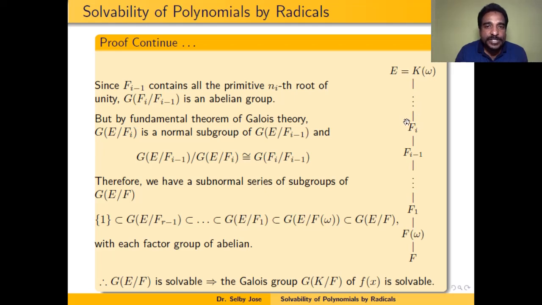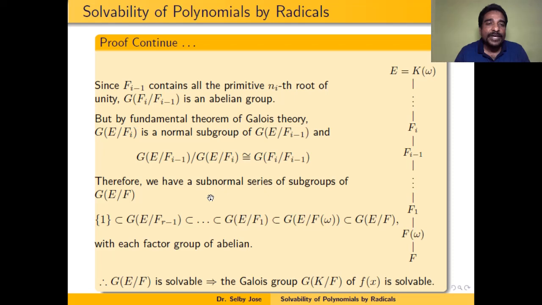So, because F_i over F_{i-1} is a Galois extension, the Galois group of E over F_i is a normal subgroup of the Galois group of E over F_{i-1}, and the Galois group of F_i over F_{i-1} is the quotient group of the Galois group of E over F_{i-1} mod the Galois group of E over F_i. And that means this quotient group is an abelian group, because the Galois group of F_i over F_{i-1} is an abelian group.